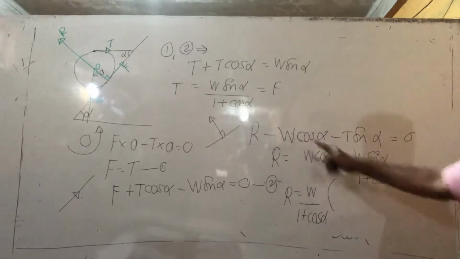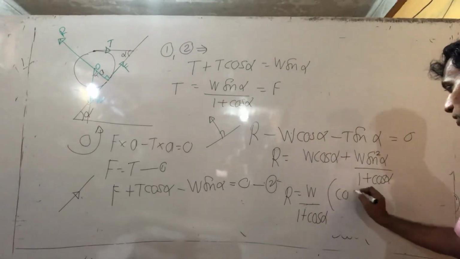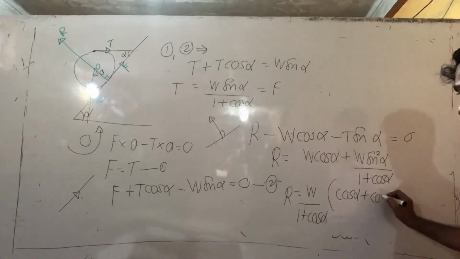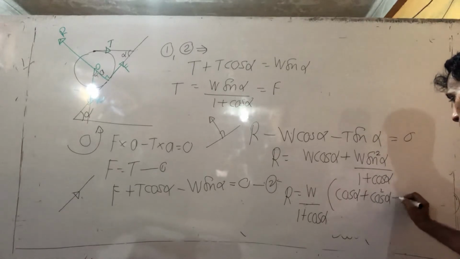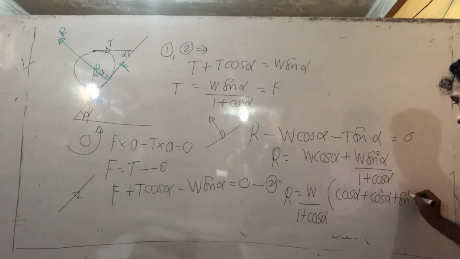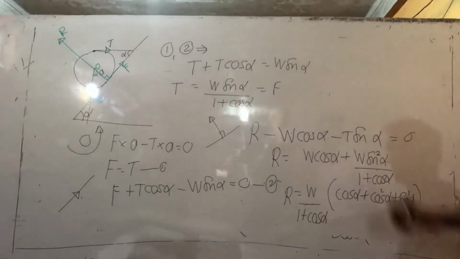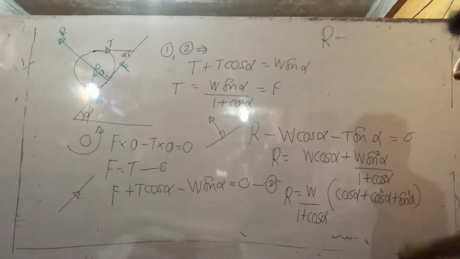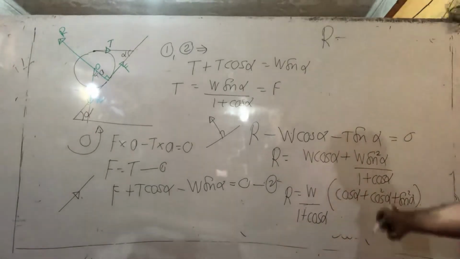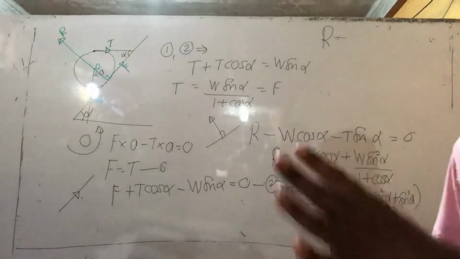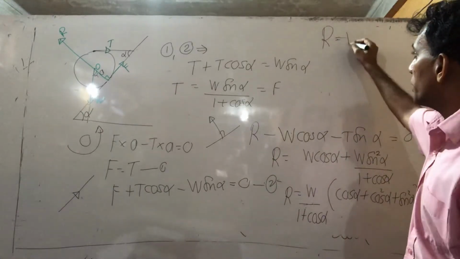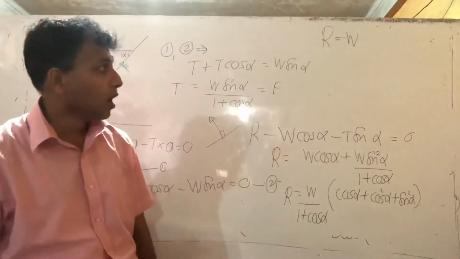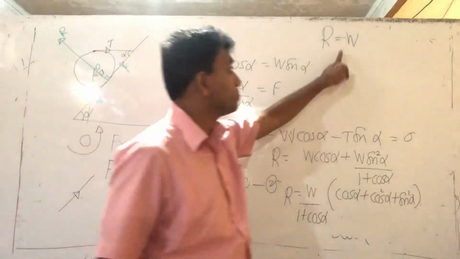If I multiply here, cos alpha into cos alpha, plus sin square alpha. Okay, so what happened? R equals, cos square plus sin square is 1, so 1 plus cos alpha cancels. R equals W. Check your answer. I hope you worked this question. Simple. R equals W.